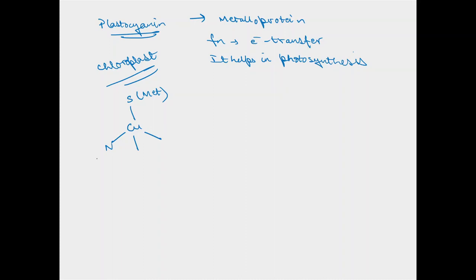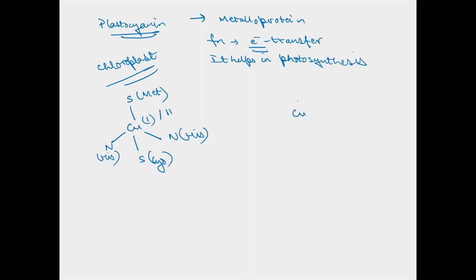The other one is nitrogen which comes from a histidine residue of the protein chain. It is coordinated to another sulfur which is a cysteine residue, and a nitrogen which again comes from a histidine residue. It can be present in +1 or +2 oxidation state. We are saying that it helps in electron transfer, so it can go from +1 to +2 and +2 to +1.